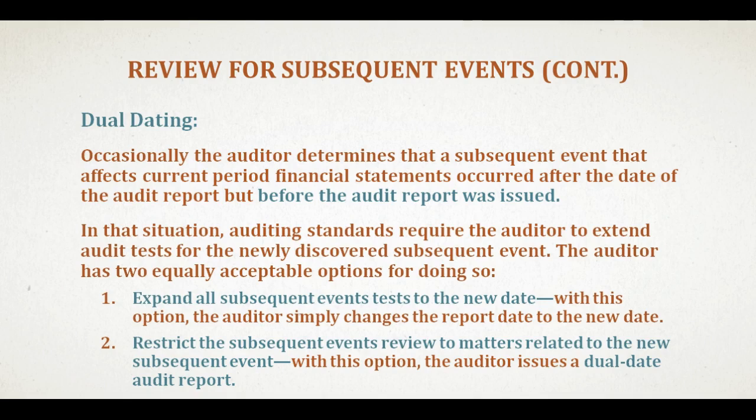The first option is for the auditor to expand all subsequent event tests to the new date. With this option, the auditor simply changes the report date to the new date. Or the auditor will restrict the subsequent event reviews to matters related to the new subsequent event. With this option, the auditor will issue a dual date audit report.